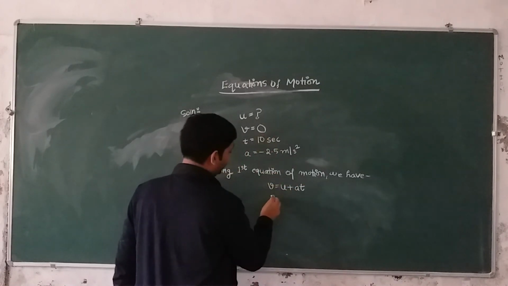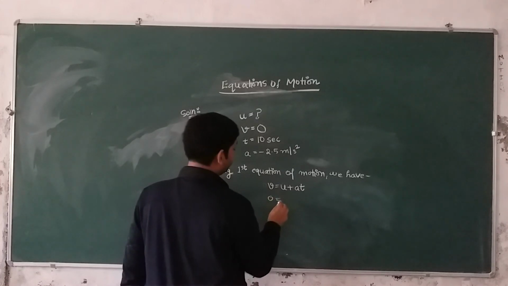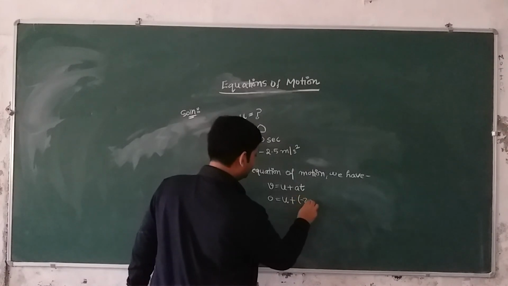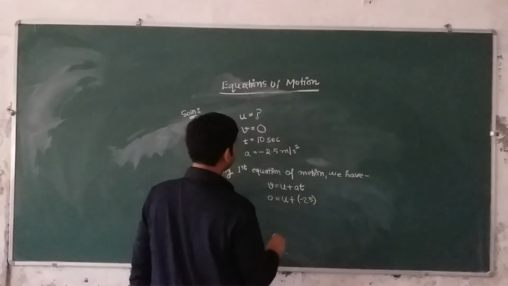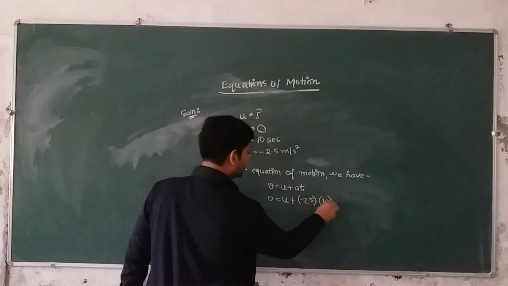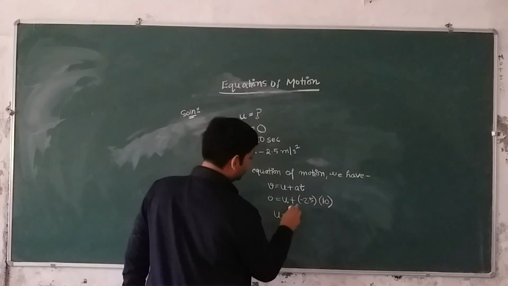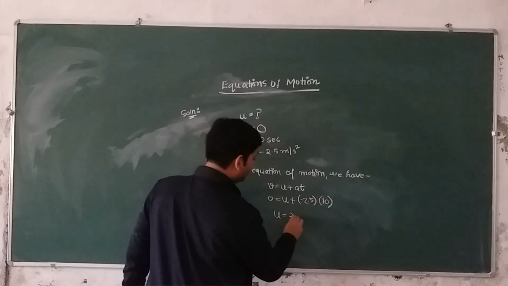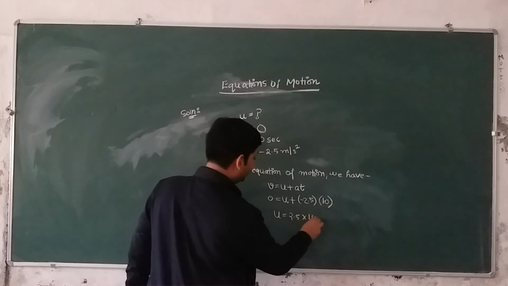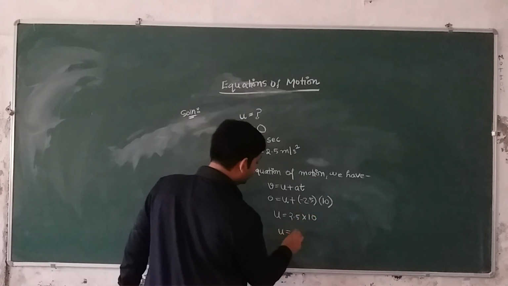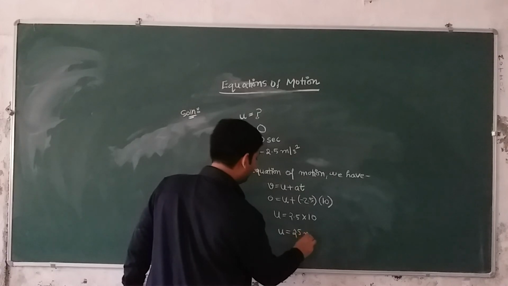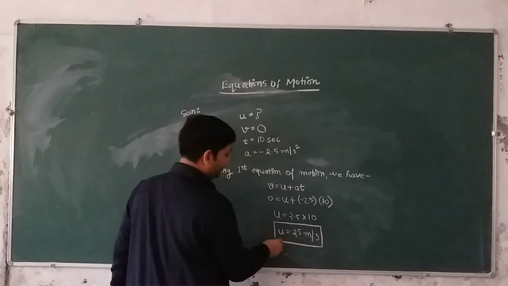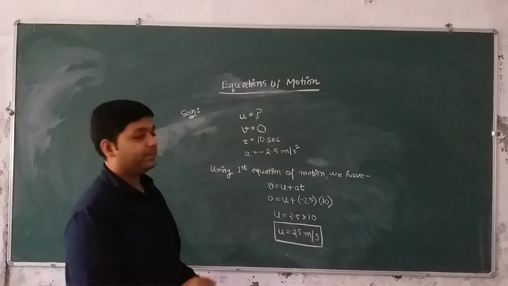What is the value of v? v is 0, u we have to calculate, plus a is minus 2.5, t is 10. So u will be equal to, taking this whole thing to the left hand side, 2.5 multiplied by 10. So from here u is 25 meter per second. So the initial velocity of the car comes out to be 25 meter per second.